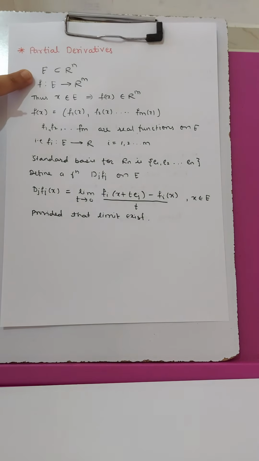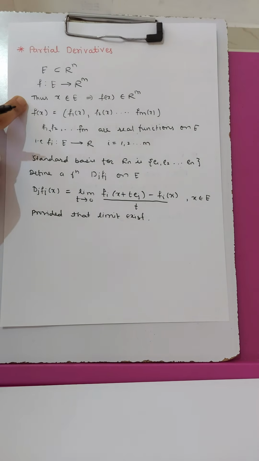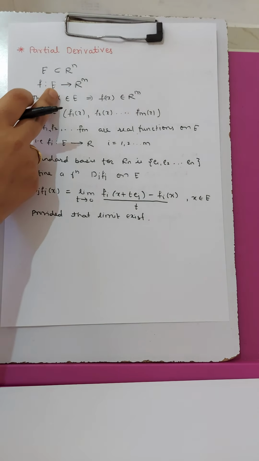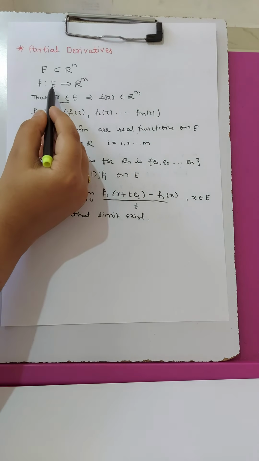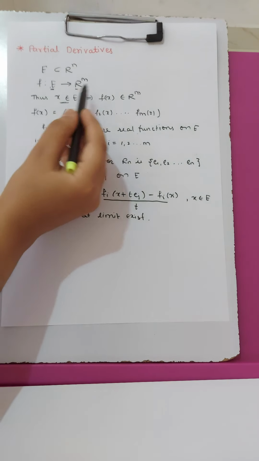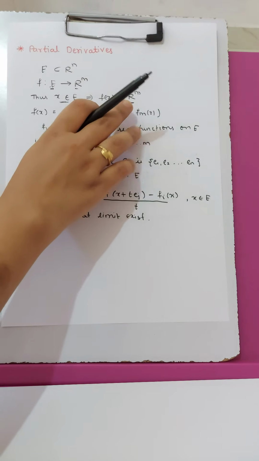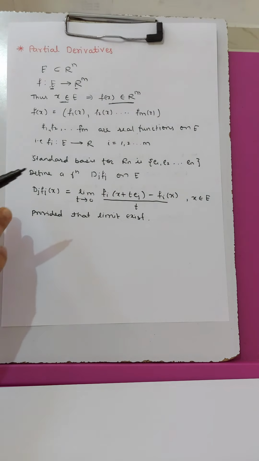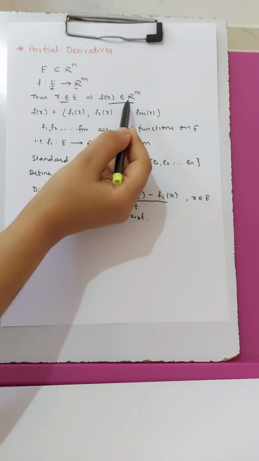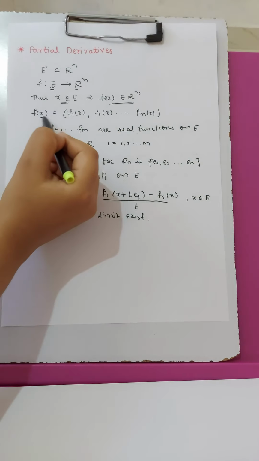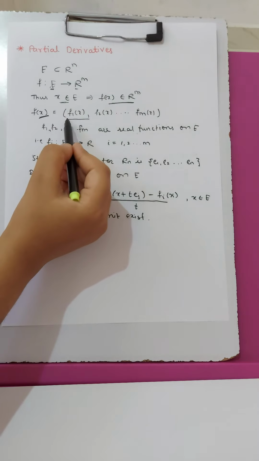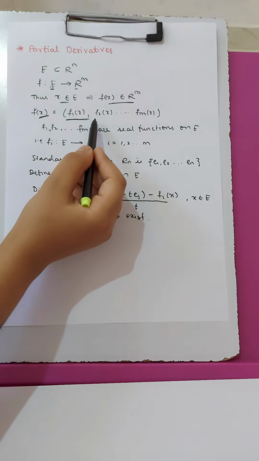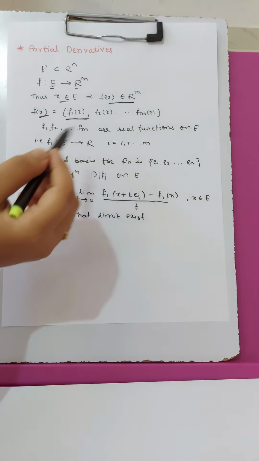We have taken an open subset E of Rn and we define a mapping f from E to Rm. Now it is obvious that for x belongs to E, f of x will belong to Rm. Now since Rm is a vector space with dimension m, each vector f of x can be written as a tuple of these m functions.